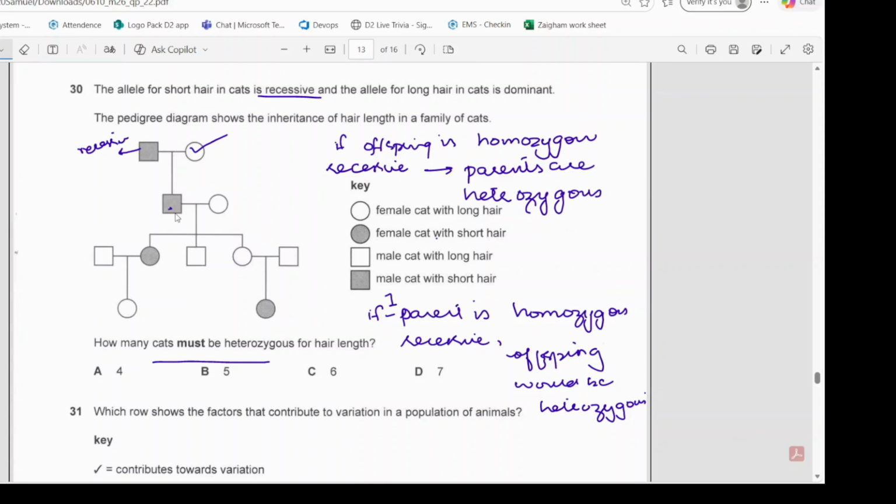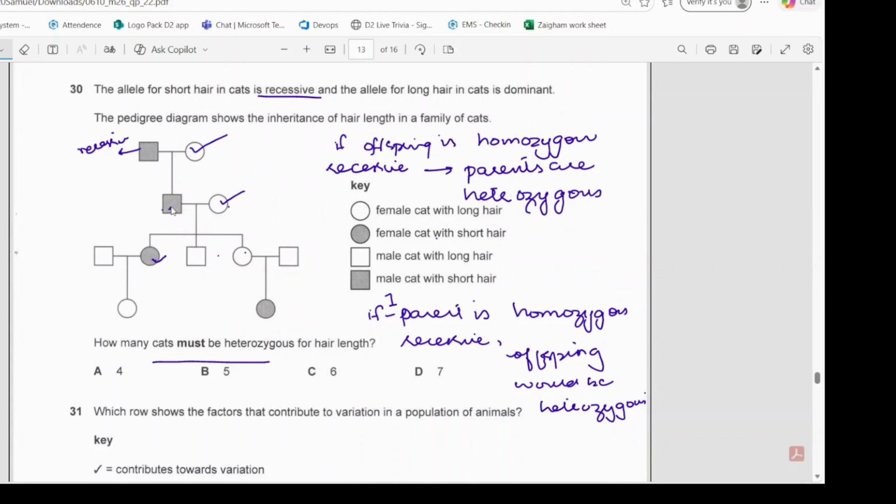According to these parents, there are three children, and one is homozygous recessive, so these parents are heterozygous.